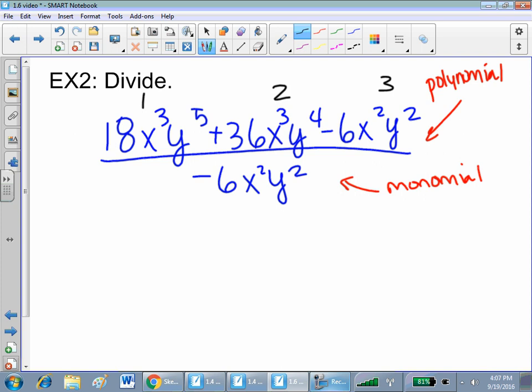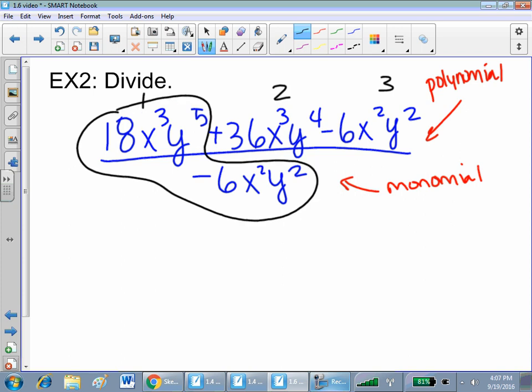So let's start. I'm going to divide 18x cubed y to the 5th by -6x squared y squared. If I divide the 18 and the -6, I get -3. If I divide the x cubed and the x squared, I just get x to the 1st. And if I divide the y to the 5th and the y squared, I get y to the 3rd.